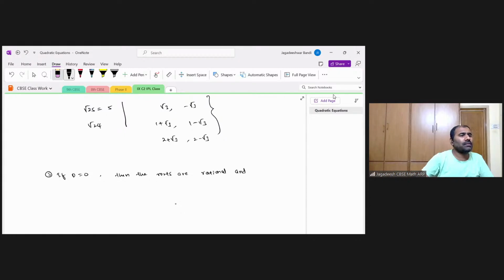Rational and equal. So again, same concept. Minus 3 by 5, so another root is also minus 3 by 5. Or 3 by 2, another root is also 3 by 2. Like that. Okay. Fine. Now fourth one, same condition what we have discussed, here less than 0. So less than 0 means again here also, yes, the roots are complex.